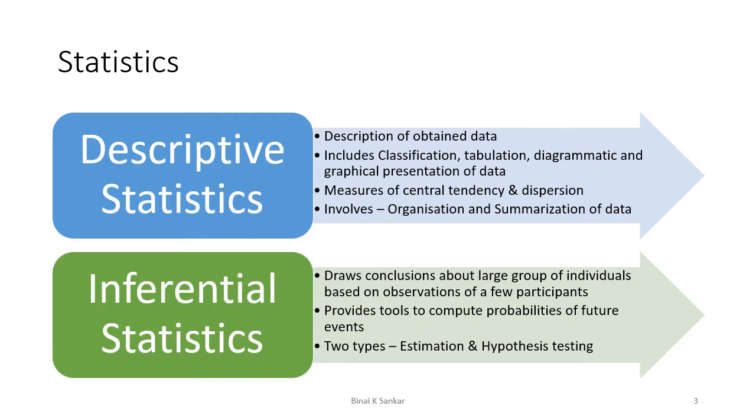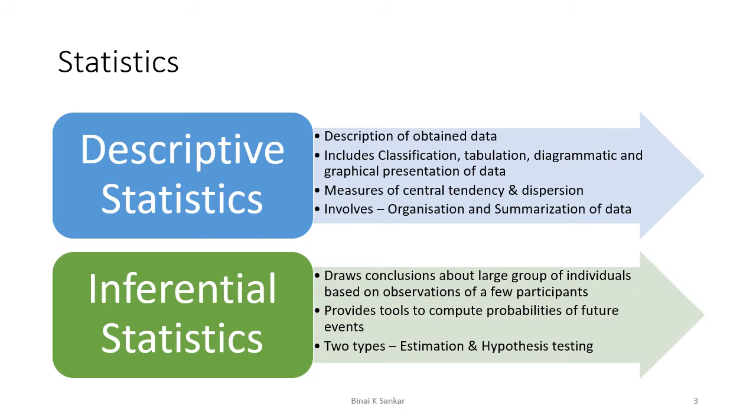You draw samples from the larger population, and you do a study, and you'll be able to tell the possible prevalence, or what percentage of smokers may go on to develop lung cancer. That can be done using inferential statistics. It allows you to compute probabilities of future events, or to compute the risk factor, risk ratio, odds ratio, etc.